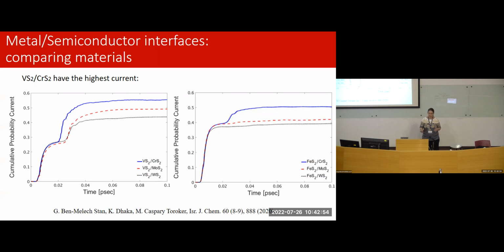If the metals are similar to the semiconductor in structure, then the adhesion will likely be large, the connection will be large, and the transmission coefficient will be large. The best functional material seems to be the vanadium disulfide and chromium disulfide interface, with the highest transmission probability of them all. So the code also gives us the ability to compare between materials and find trends.